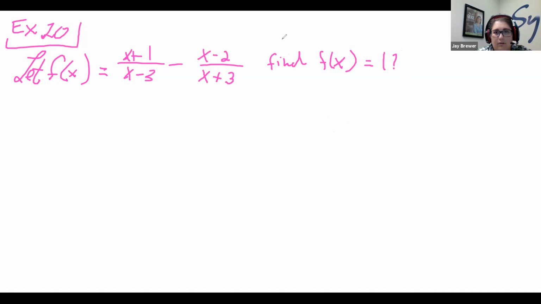So if f of x is equal to 1, what do you think we have to do? What's the first thing you have to do? We have to figure out where we're putting that 1, right? Where do you guys think we're going to put that 1?